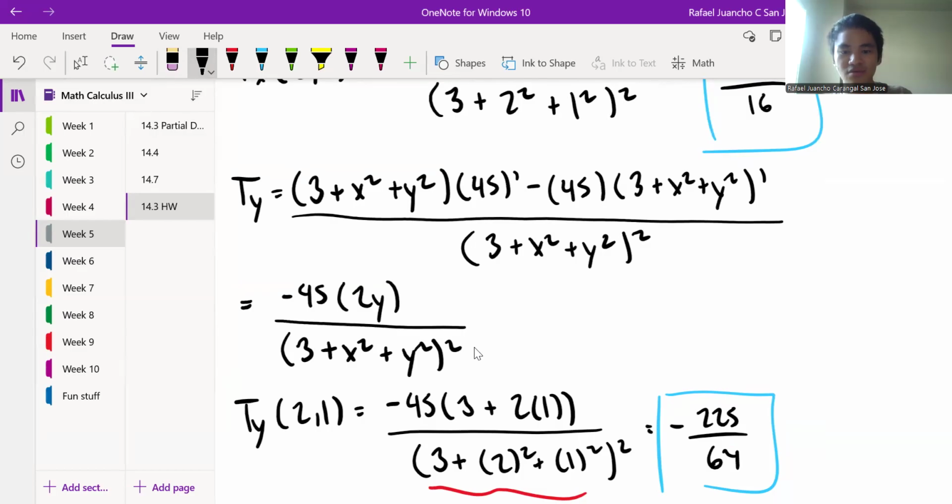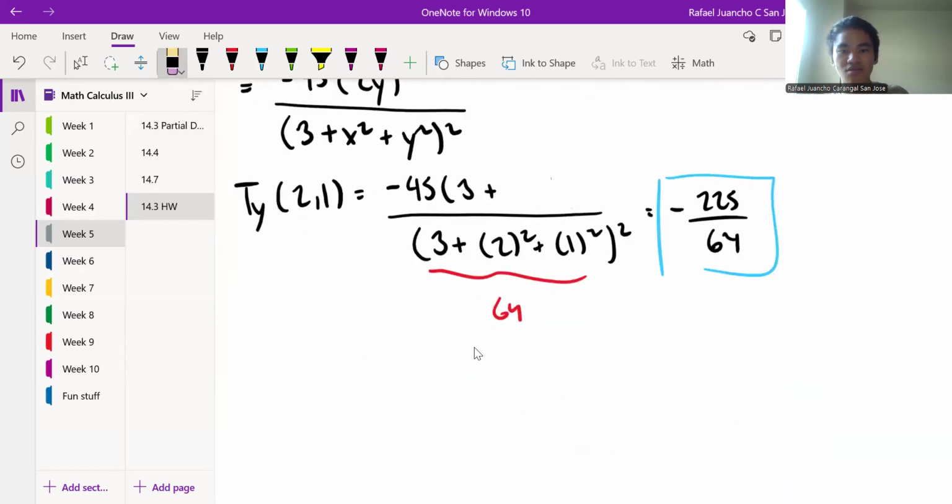Oh, let's do y. This is 2 times 1. This is 90 over 64. Okay, that's the same. Could I simplify? Yes, I could. I could divide both by 2, I'm assuming. I get 45 over 32.